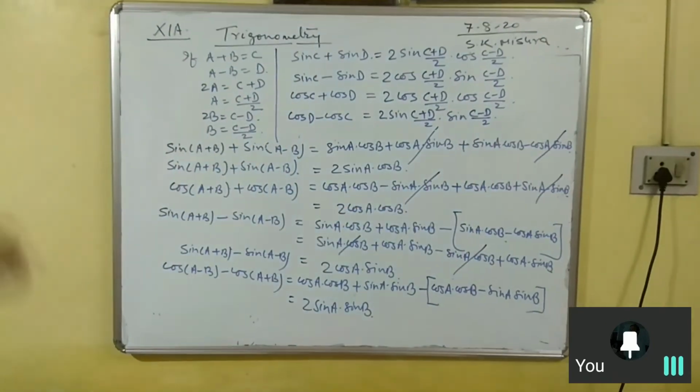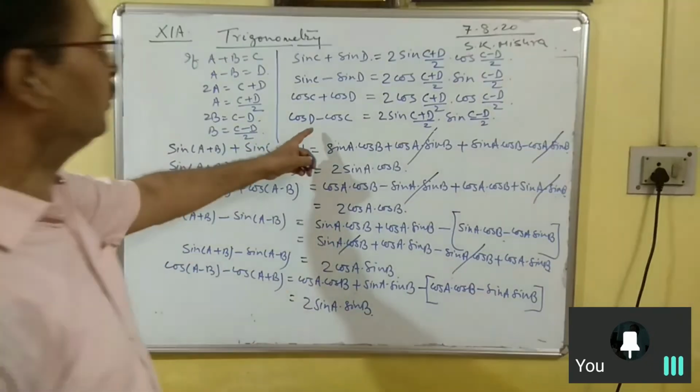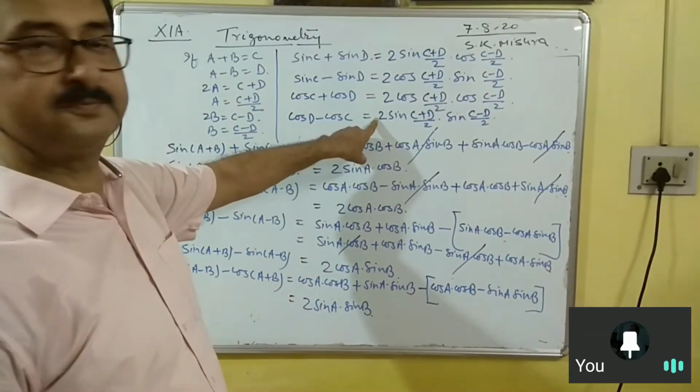This is cos D minus cos C. If you want to write cos C minus cos D, then you have to apply a negative sign here.